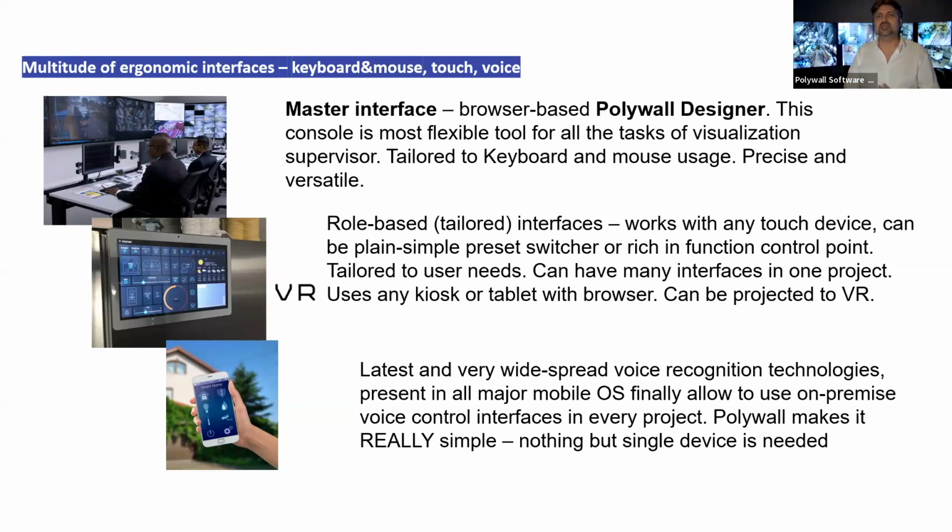If some person is entitled only to switch some layouts on the video wall, you give him a blank page with just 4 buttons he is allowed to push. If another person is capable of selecting the layout from a list of layouts, you give him a list of layouts and tailor it to his smartphone. So whenever he wants a new layout on the video wall, he opens his smartphone, taps the button, and the layout goes to the video wall. And he cannot do anything else from that interface.